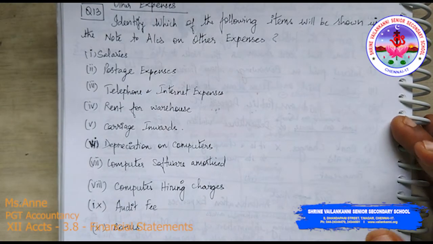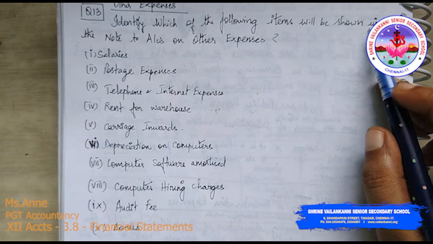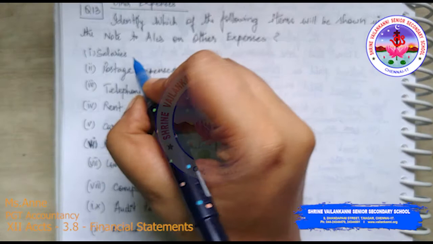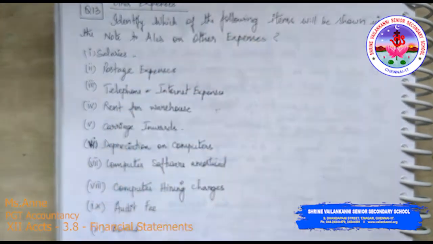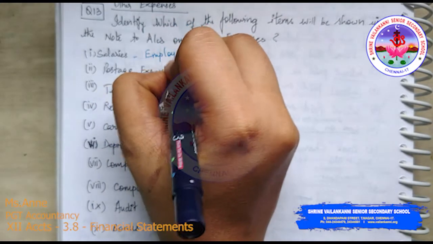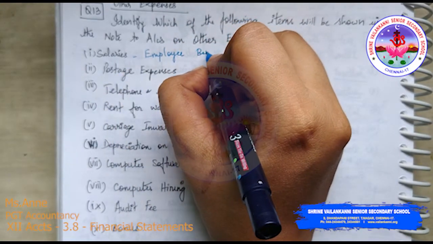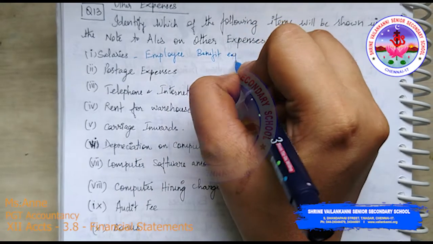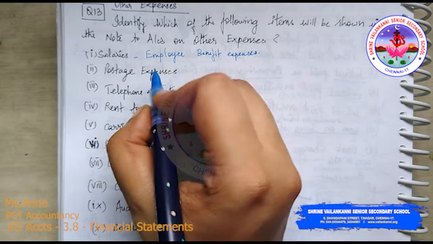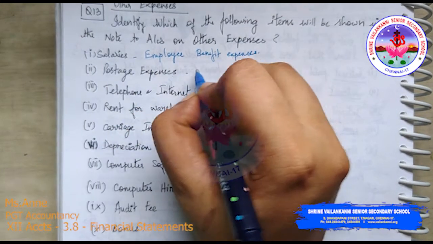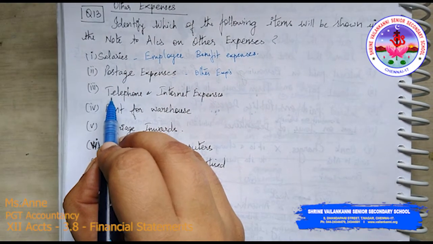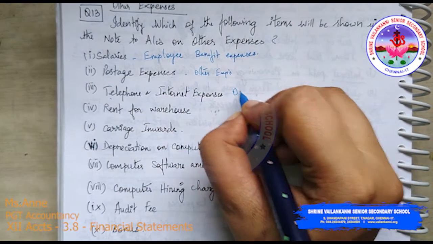Identify which of the following items will be shown in the notes to accounts on other expenses. Is salary other expenses? No, it is employee benefit expenses. Postage expenses, yes, other expenses. Telephone and internet, yes, other expenses.